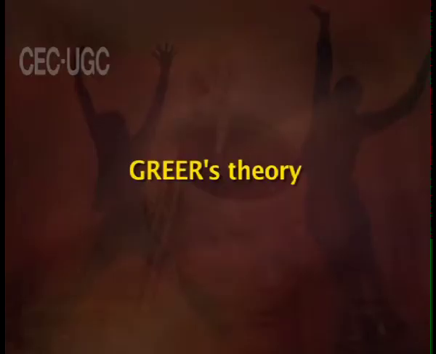Apart from Elizabeth Ross's theory, there are other theories that have been put forward, like that of Corr's theory, which speaks about coping with death involving doing certain specific tasks. Another influential theory is Greer's theory, and he also suggests 4 stages.